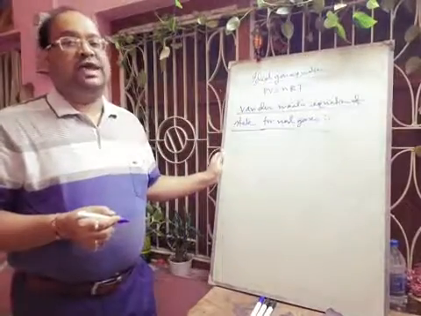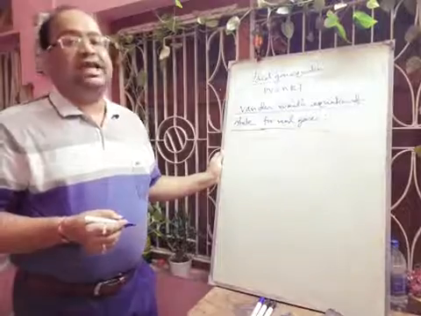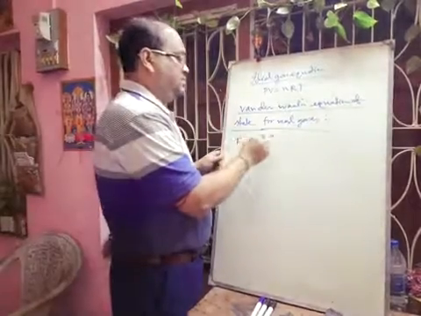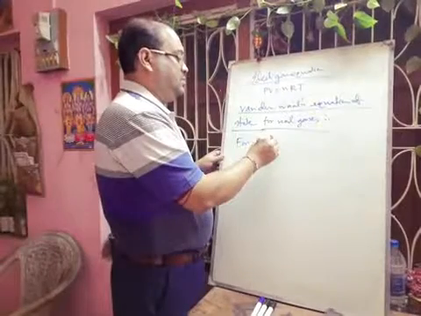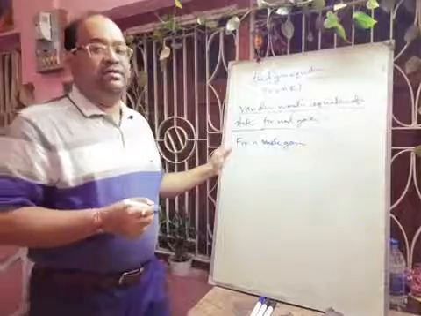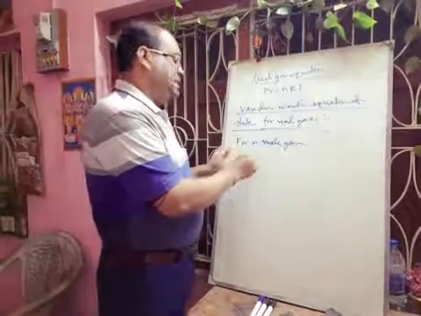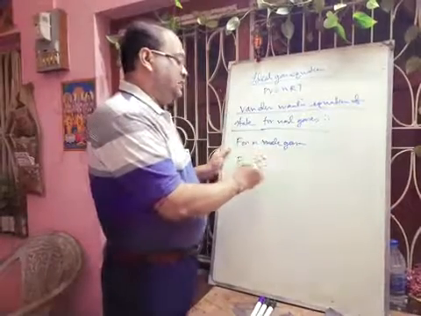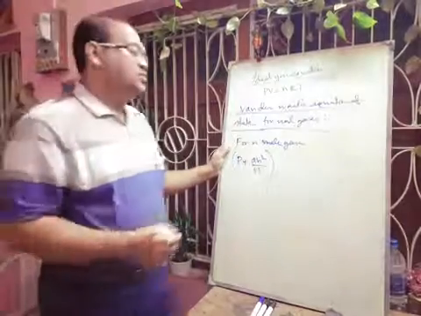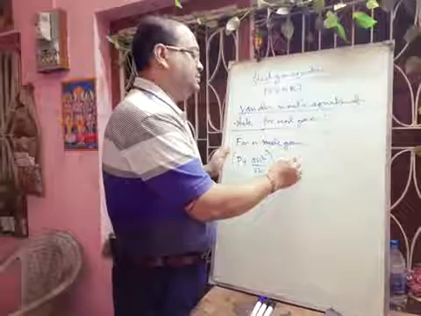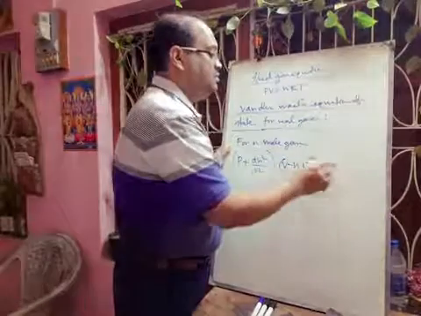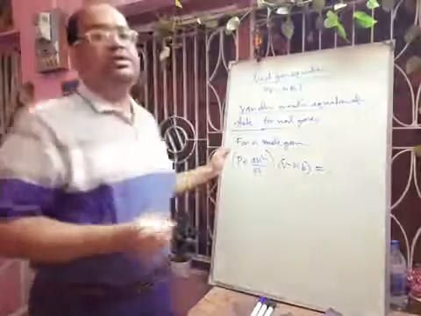Now first we will write the equation for n mole gas. For n mole gas, the equation will be (P plus a n square by V square) into (V minus nb) is equal to nRT.